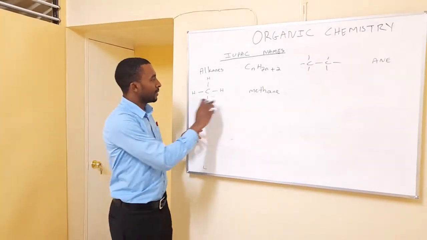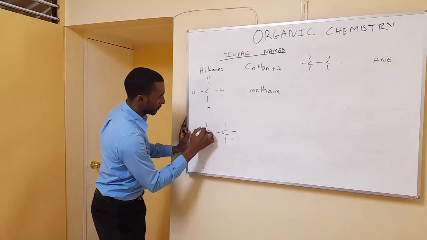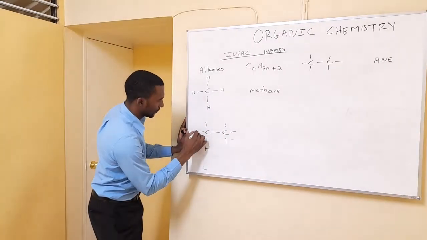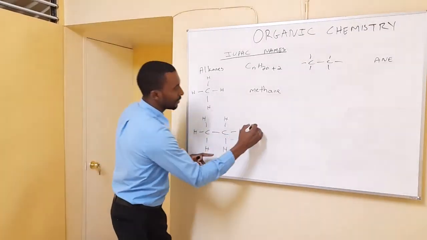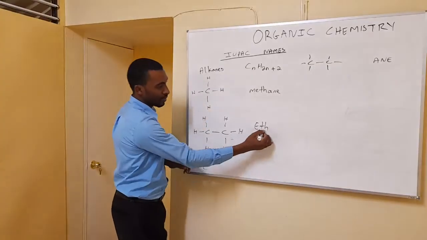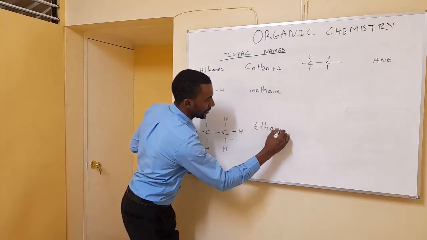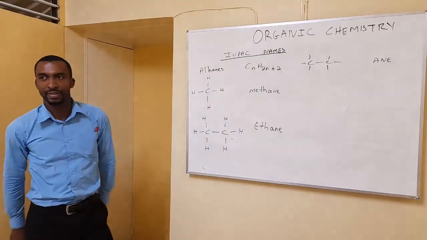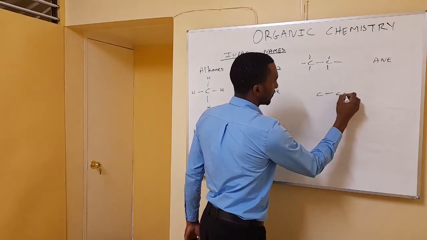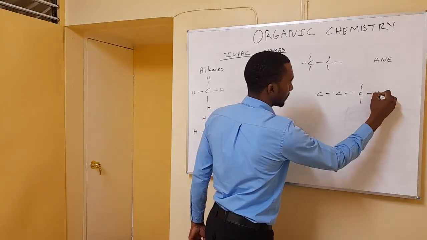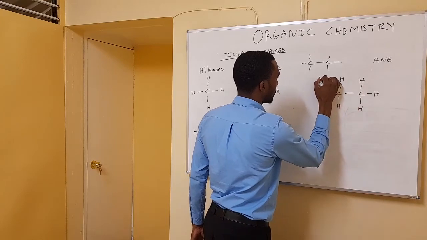Good? The second member would be two carbon atoms. The abbreviation that we use to represent two carbon atoms is eth, so ethane. Then we have three carbon atoms. These are the full structural formulas.